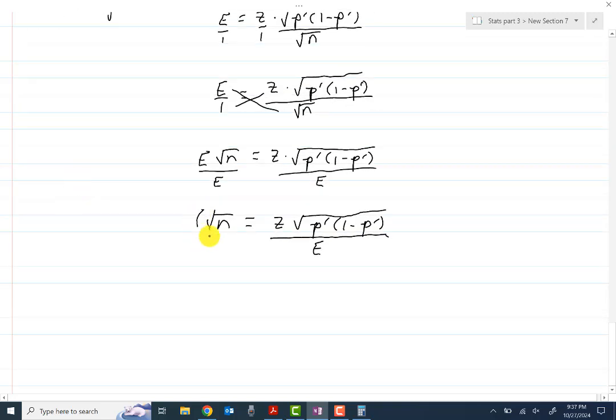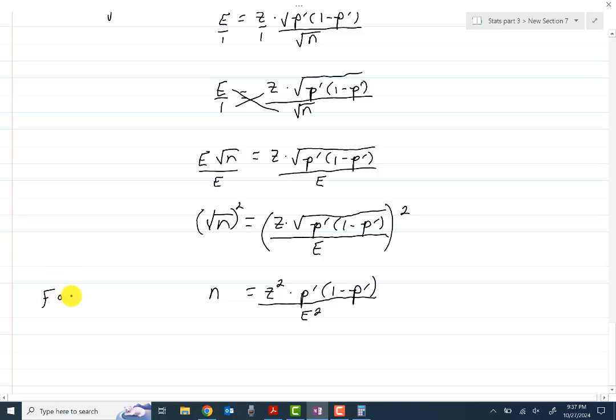In the next step, I'm going to square both sides. You may recall from previous times that when you square something like this, you square each and every piece inside of there. So for example, I'll square the z, I'll square the square root, and I'll also square the error in the denominator.